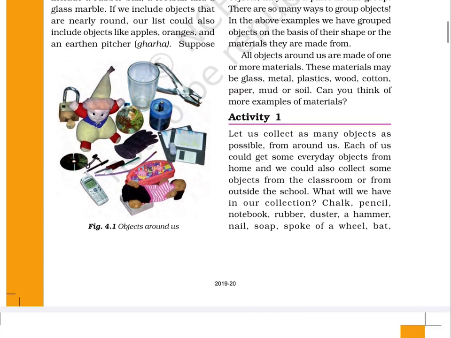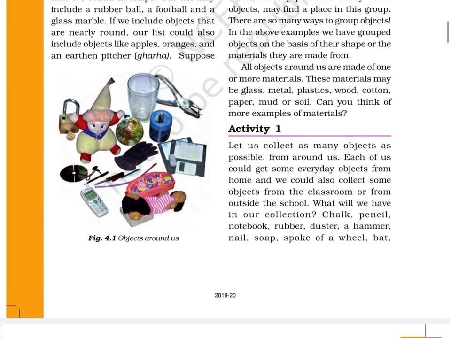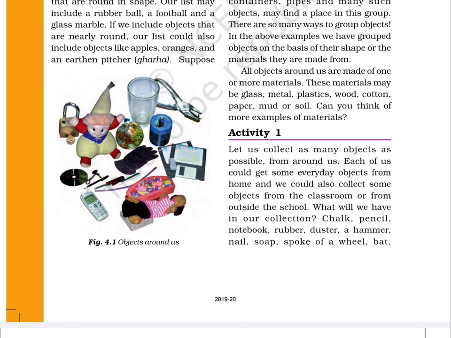Activity 1. Let us collect as many objects as possible from around us. Each of us could get some everyday objects from home, and we could also collect some objects from the classroom or from outside the school. What will we have in our collection?